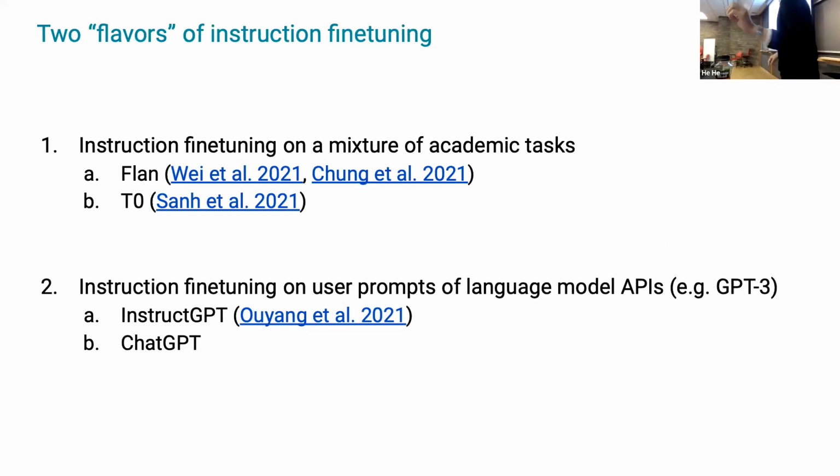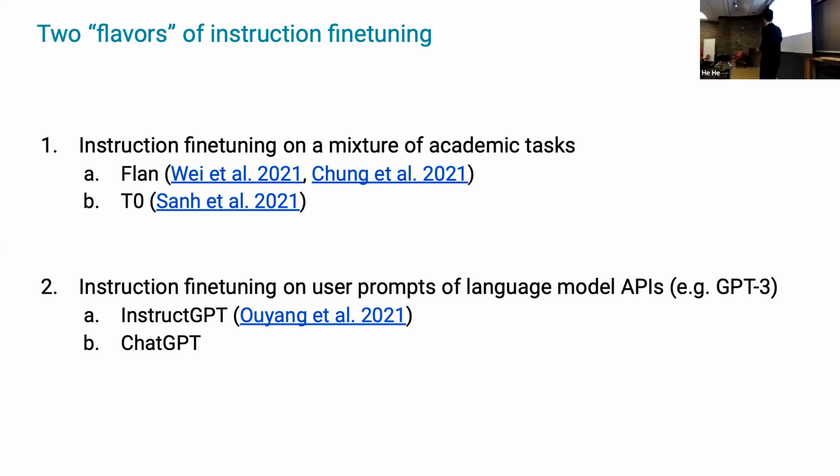Now this instruction fine-tuning is a very popular idea, and there are a few different ways of doing this. I can group them in two different flavors. This is just my own arbitrary definition. I don't know if anyone else uses this definition, but I think it's clear to do it this way, and that will show what the limitation of the current build is. So the first flavor is instruction fine-tuning on a mixture of academic tasks.